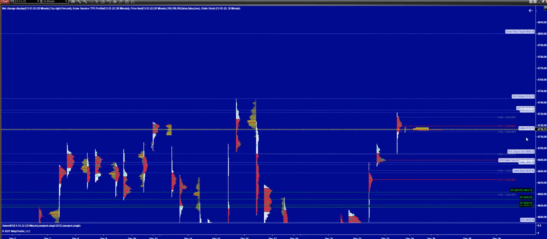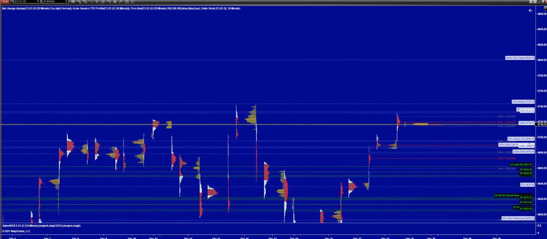But I won't be very fussy about it at this point of time. The trend is strong, but at the same time, we have to be aware of the fact that there are two back-to-back gaps, and there are a lot of single prints left behind where shorts are trapped. So we are likely to see these structures get repaired before we see a large rally.